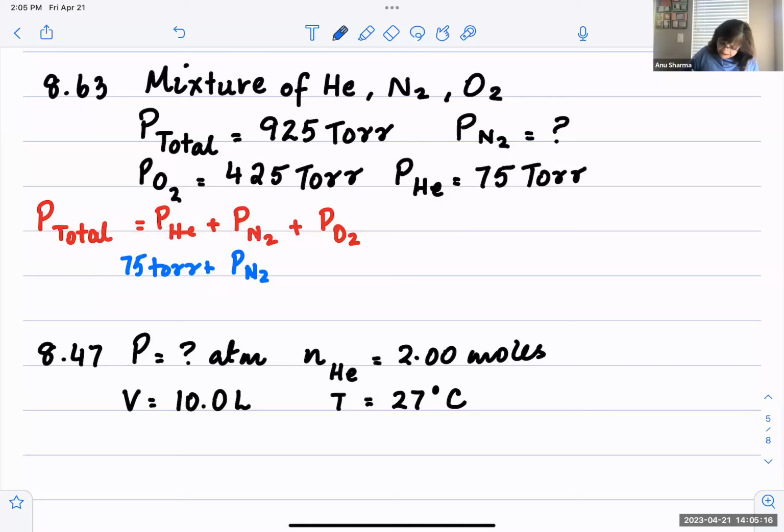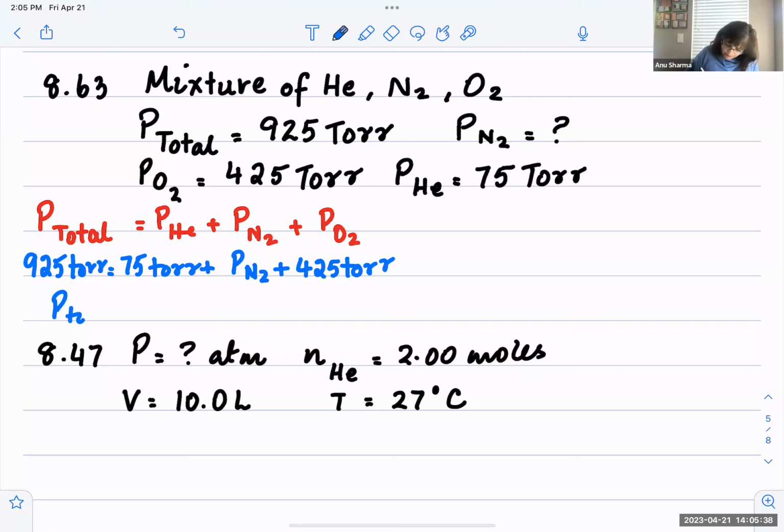Next is the plus PO2. PO2 is 425 torr, and this is equal to the total. The total is 925 torr. Always write down the units. Okay, so next is rearrangement.